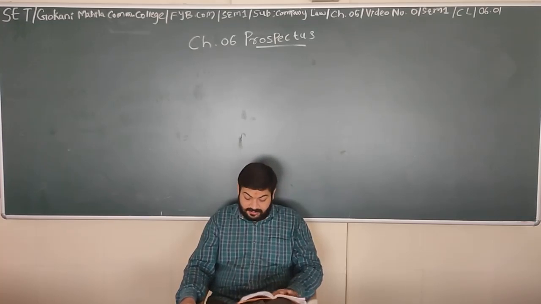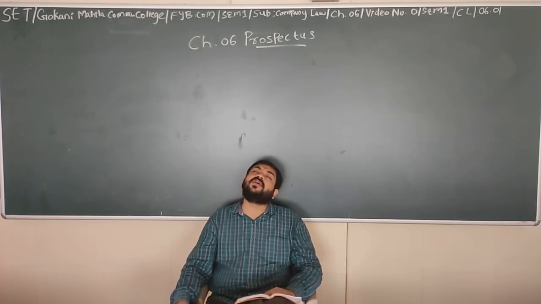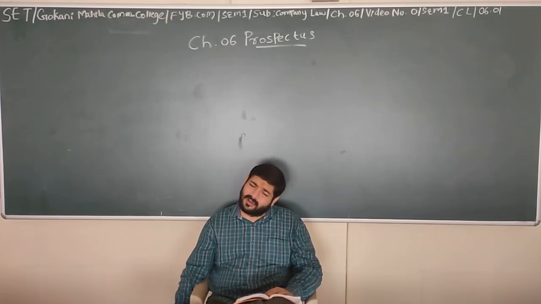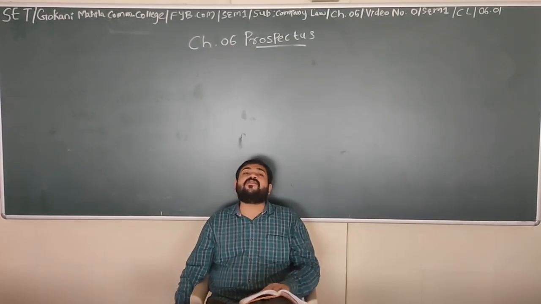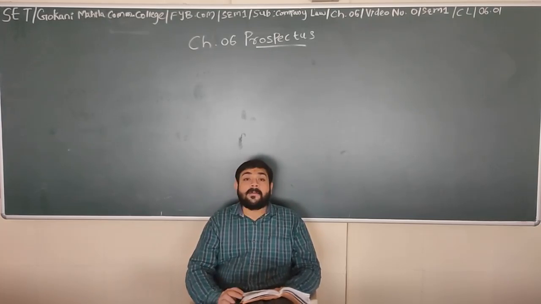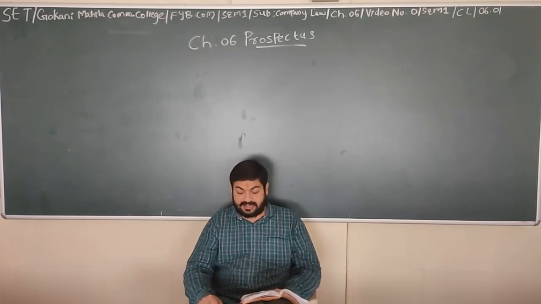Next comes the formulation of the prospectus. To ensure the provisions of law are followed, it is prepared with the advice of lawyers; solicitors are nothing but advocates, lawyers. With their permission, the prospectus is issued. Prospectus means an invitation to the public for purchasing company shares and debentures.